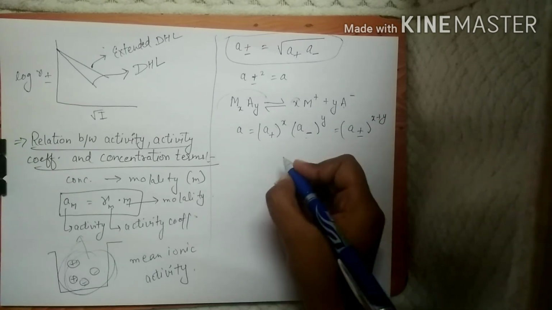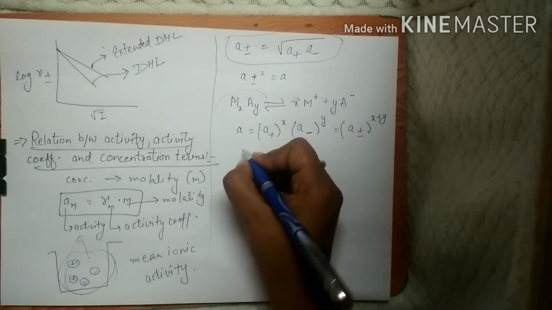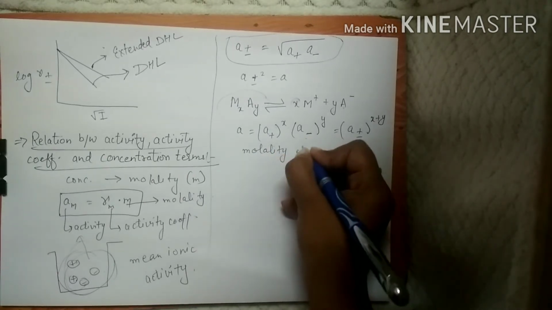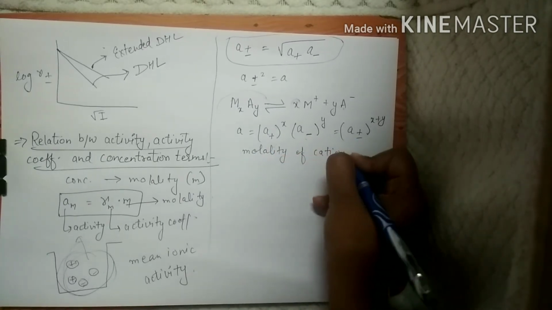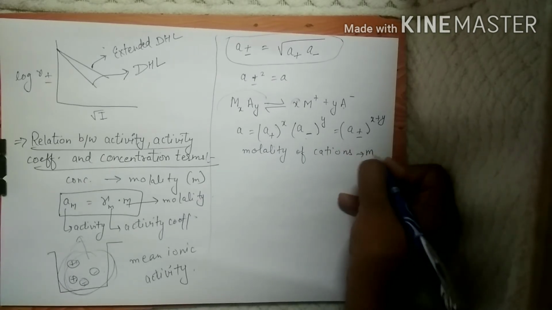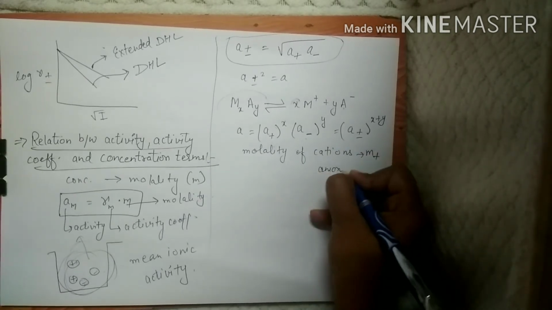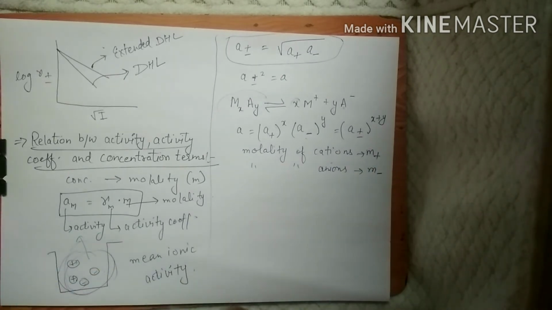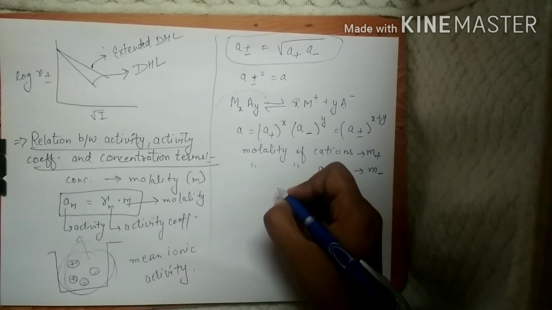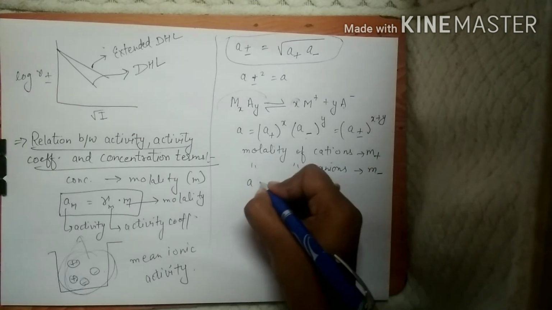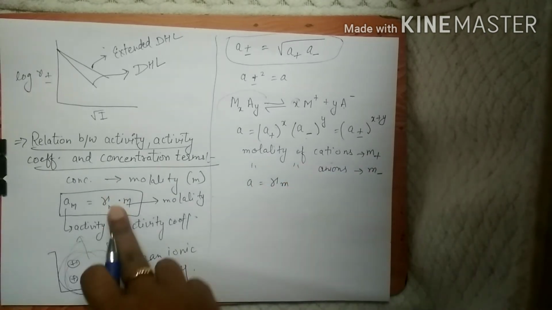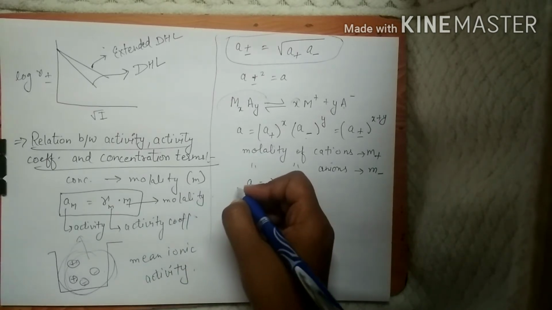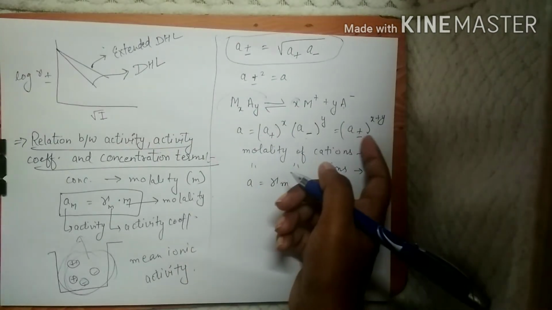Now suppose molality of cations is represented by M positive and molality of anions is represented by M negative. We have studied a formula, A is equal to gamma into M. Now I'm going to put the values.